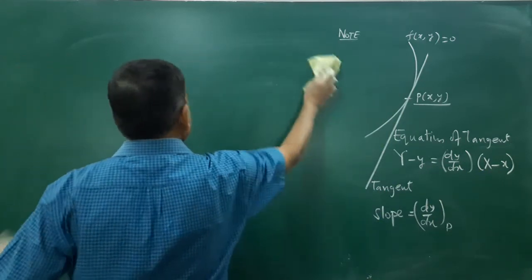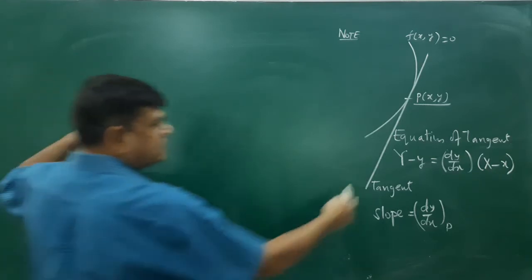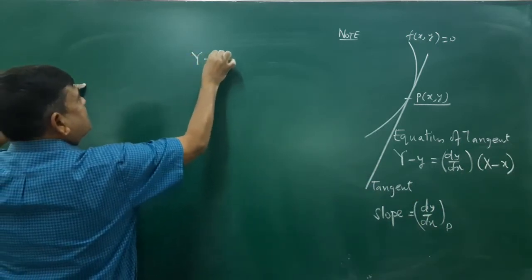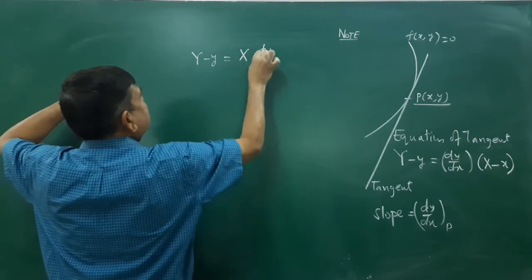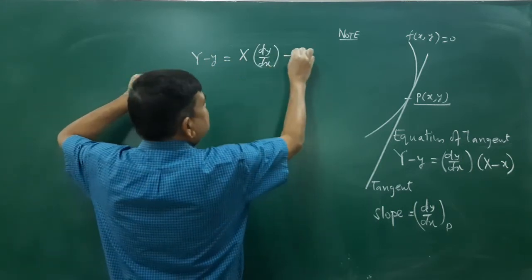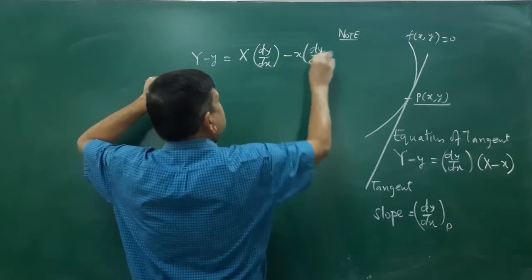Let me write a simplified formula for it. Just multiply this. That is, capital Y minus y equals capital X times dy by dx minus x dy by dx.